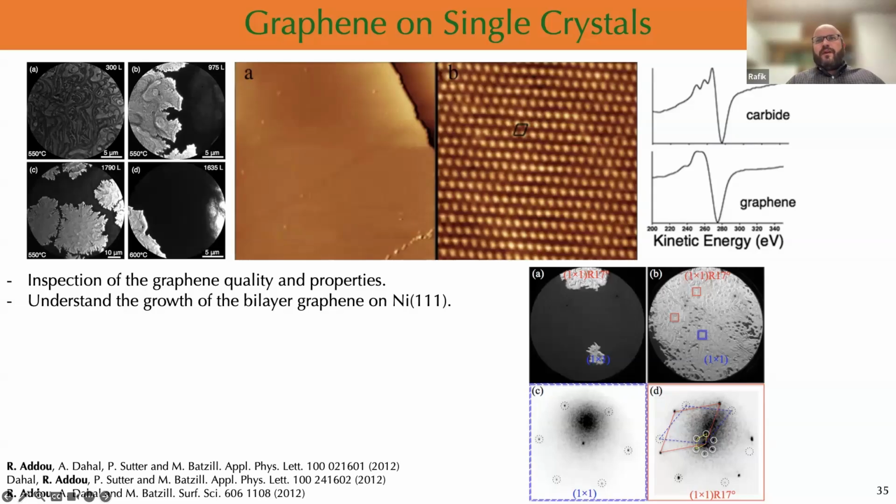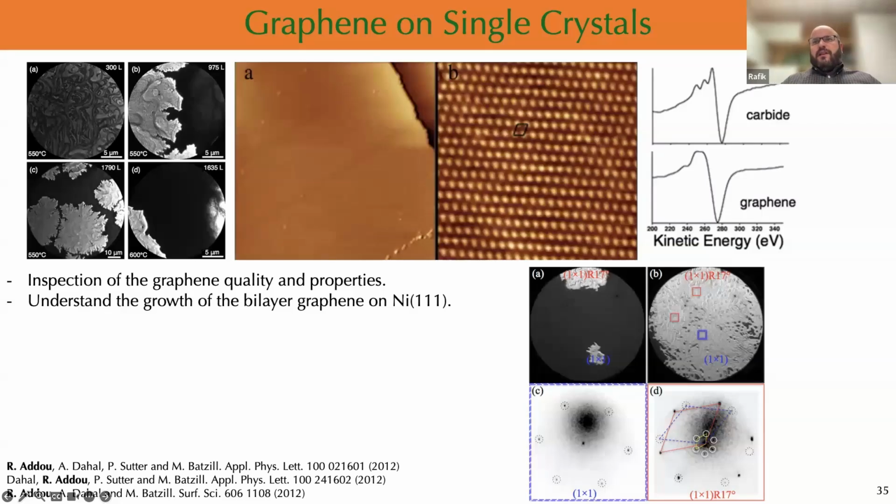What we found too is that for certain conditions we can actually control the growth of bilayer graphene. We have the first layer here, but if we keep leaking ethylene after the formation of the first layer, and especially for certain orientations with the nickel 111 surface, this allows the formation of a second layer of graphene.